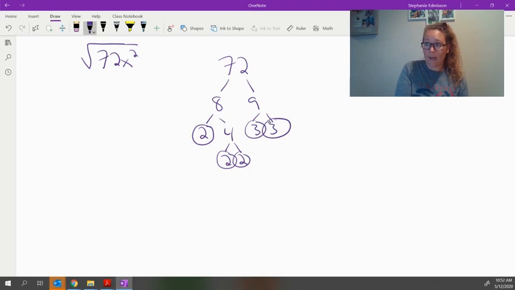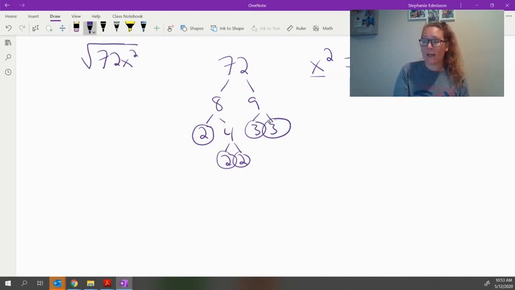Now the x, I know that x squared is the same thing as x times x, because remember, with an exponent, that's just telling you how many times you multiply that base by itself. The base is x, so I multiply that x times itself 2 times.